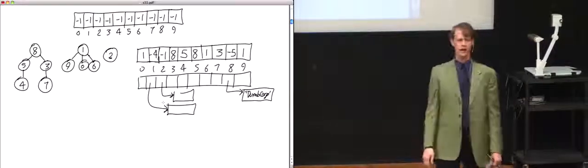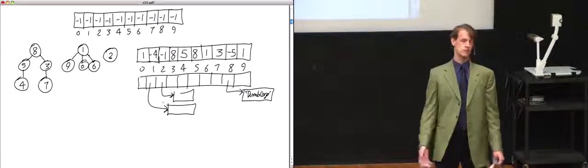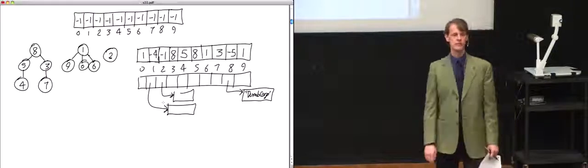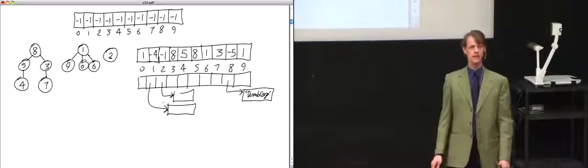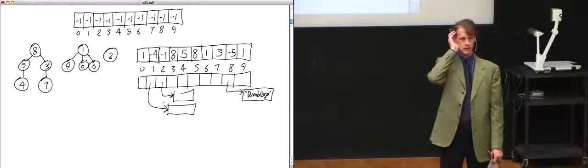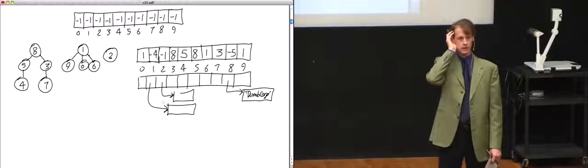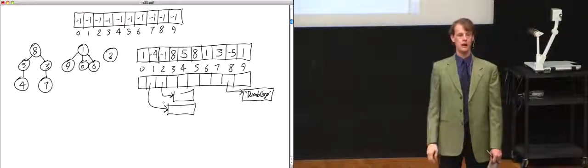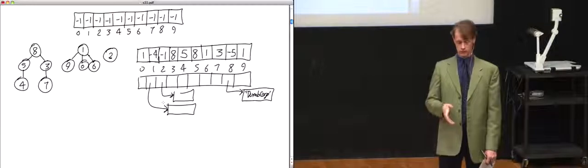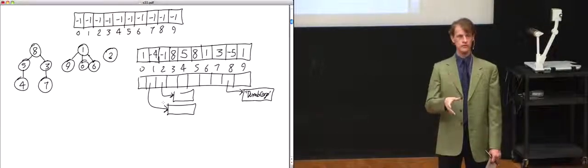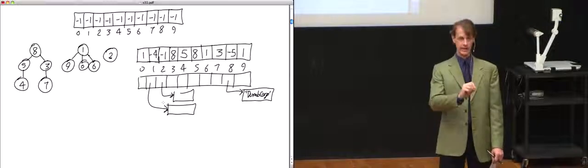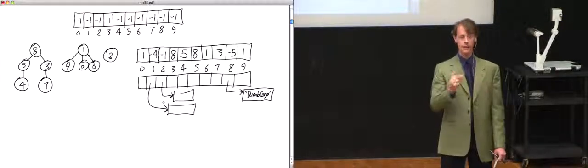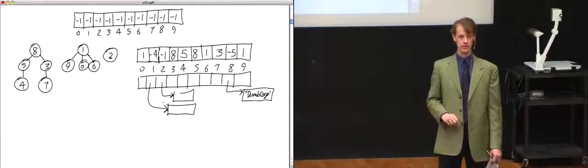You don't have collisions in this data structure. So what you have to do is make sure that you have some way of assigning each string a unique number that's different from all the other strings.